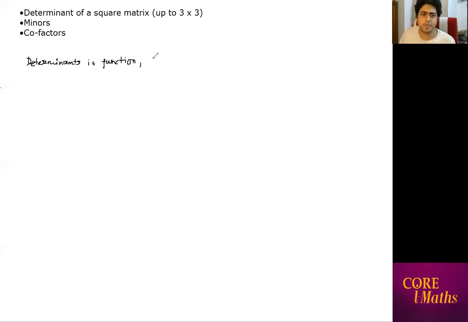Suppose f be a function from M to K. What is M? M is the set of all square matrices.